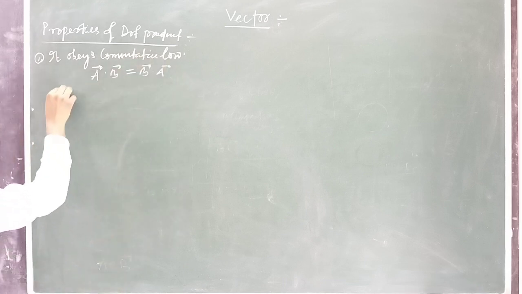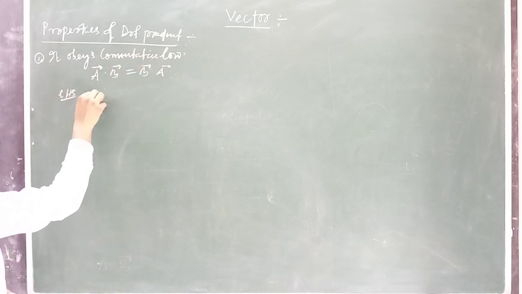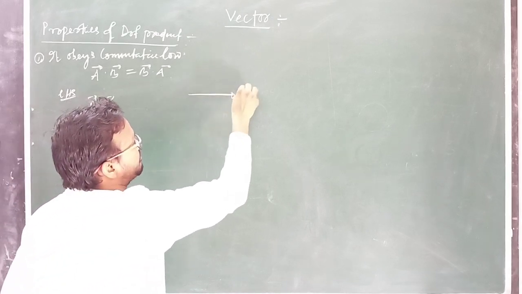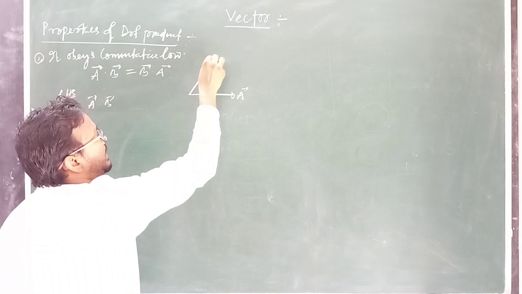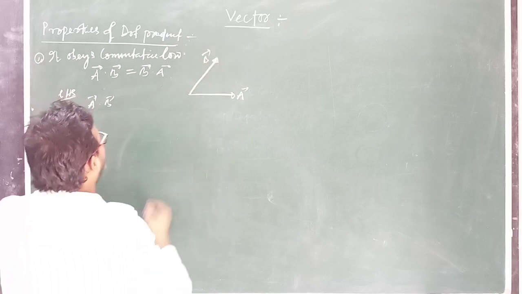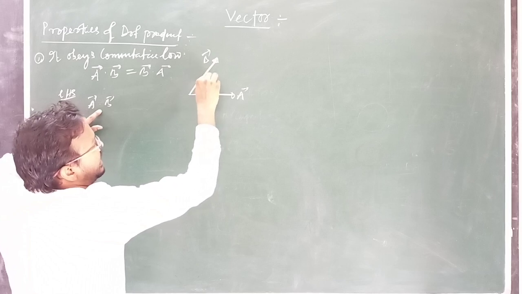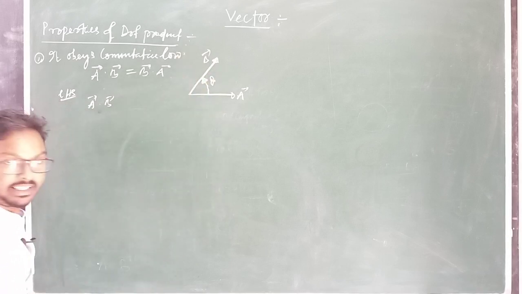How? Suppose this is the LHS, left hand side. A dot B means there is one vector A and another vector B, and A vector and B vector make an angle theta. Suppose I am taking this direction.